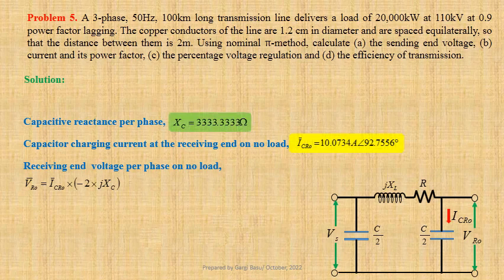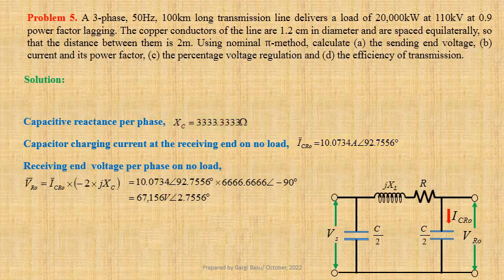Using values we get 10.0734 at an angle 92.7556 degree into 6666.6666 at an angle minus 90 degree. That gives us 67,156 volts at an angle 2.7556 degree.